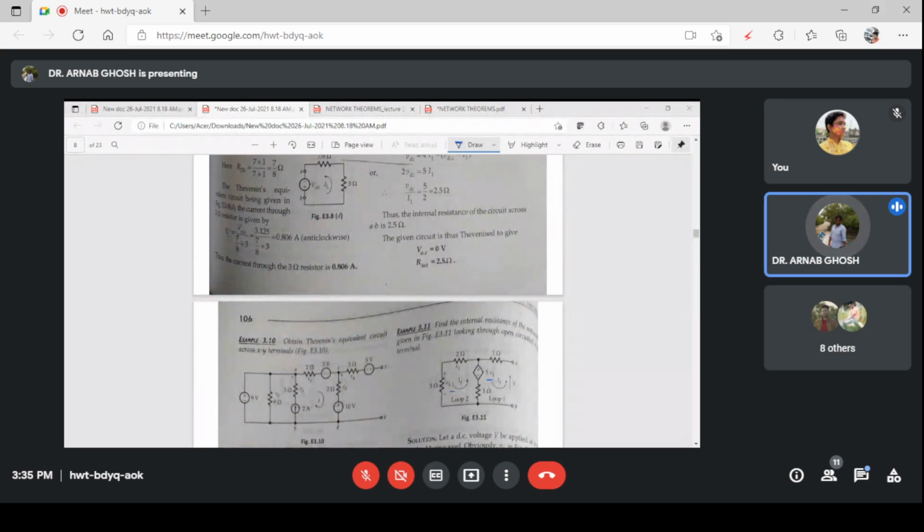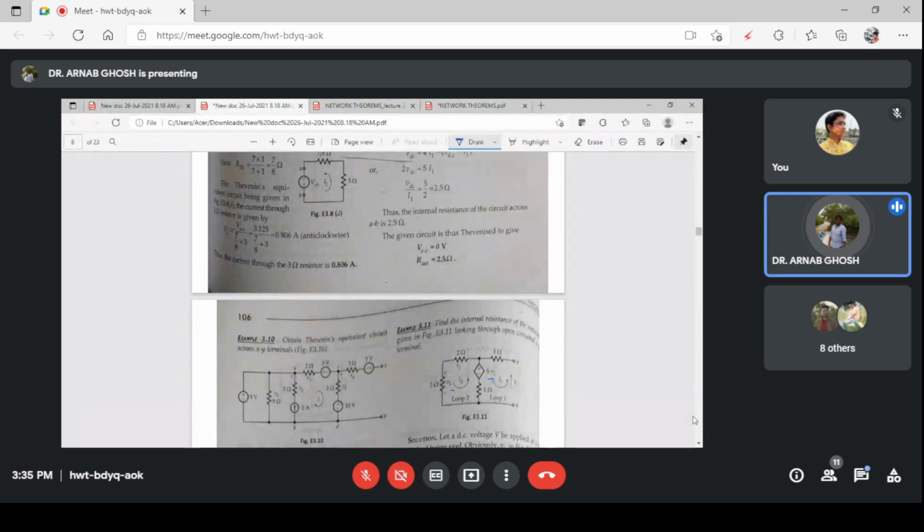So next we will move on to another problem. Another problem from these dependent sources. For the dependent sources part, we will be doing just one more problem, and that is from your application of Thevenin's and Norton's theorems for analog circuits.